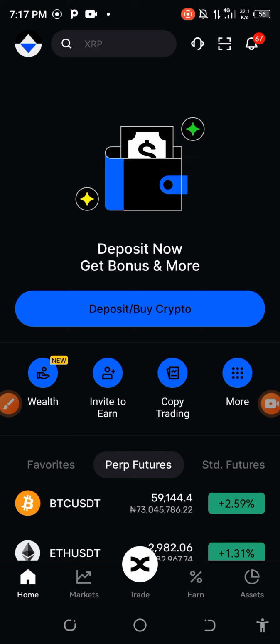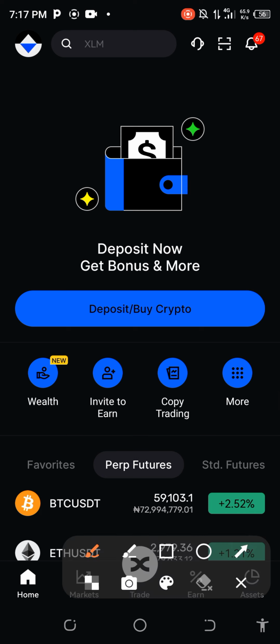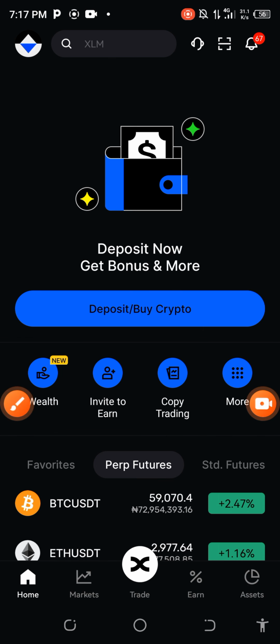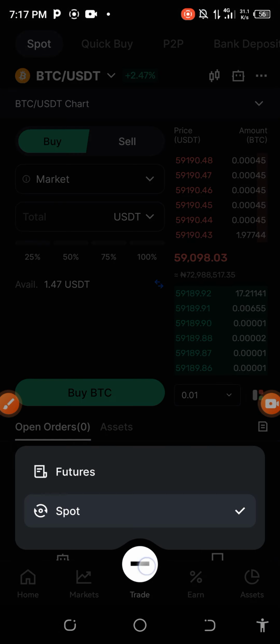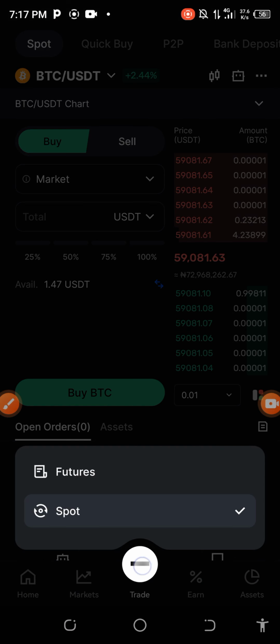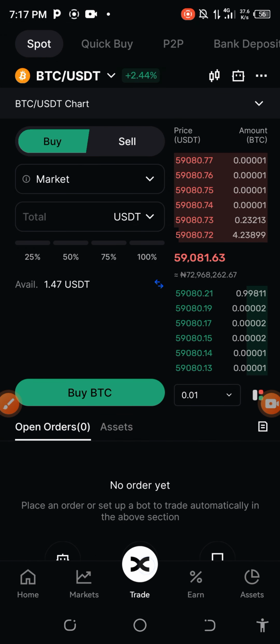If you want to go to the trading platform on bingx, you need to click on this thing you are seeing here. Let me see if I can move this from here. You're going to click on this particular place, where the trade is.